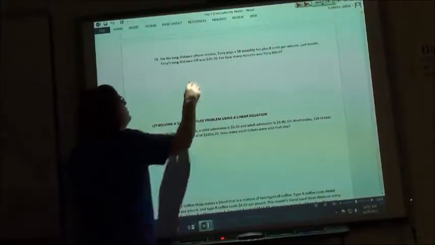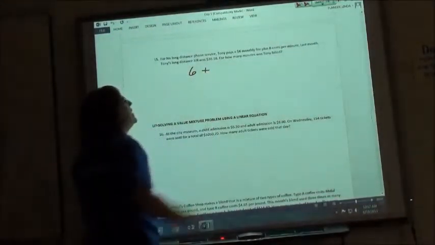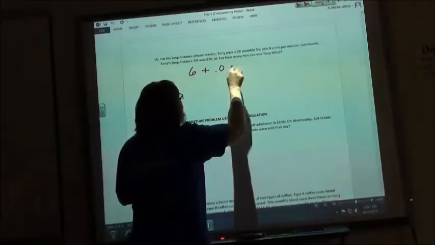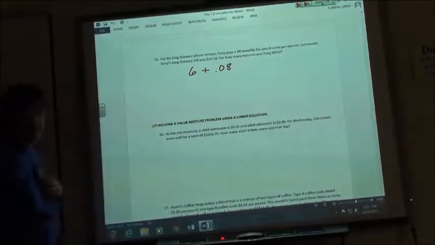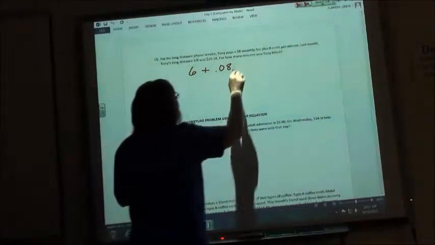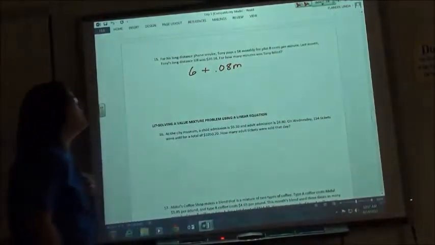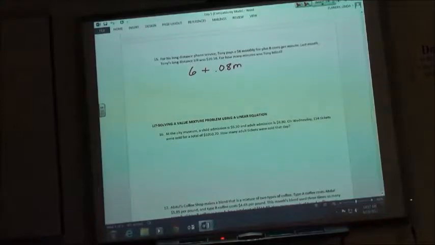So his monthly fee was $6 plus 8 cents per minute. 0.08. Not 8, not 0.8, 0.08. 8 cents per minute. So 8 cents times the number of minutes that he was billed for.